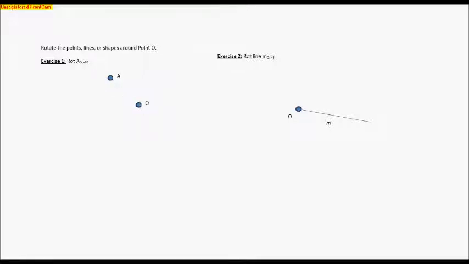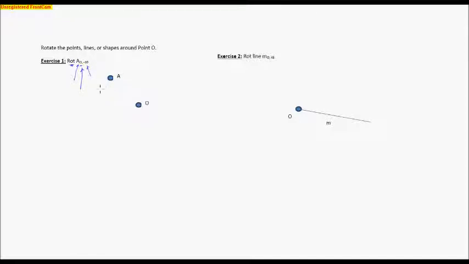One thing I want you to see is this notation right here. This ROT, of course, stands for rotation, and it tells me I'm going to rotate point A about point O, and I'm going to rotate it a negative 30 degrees.